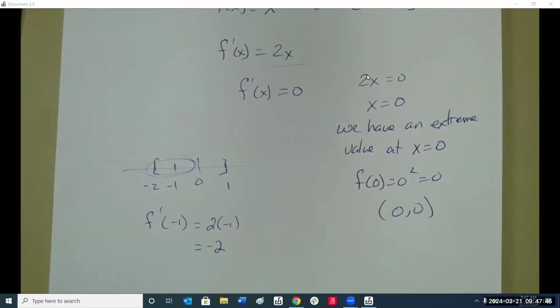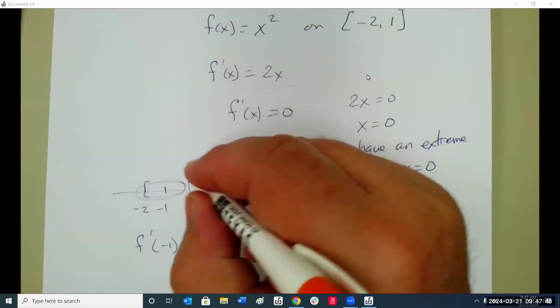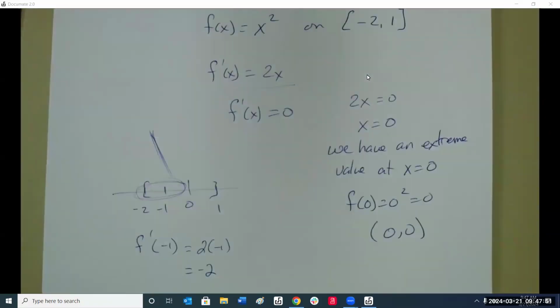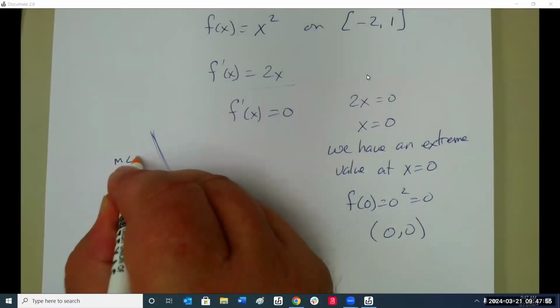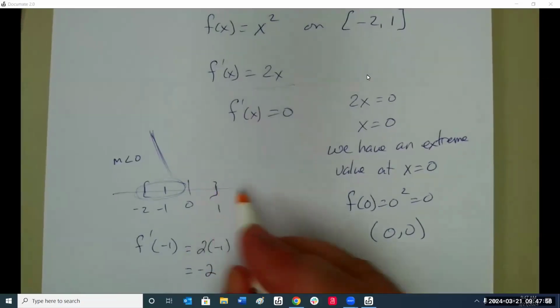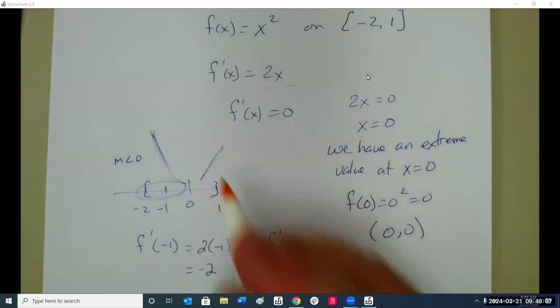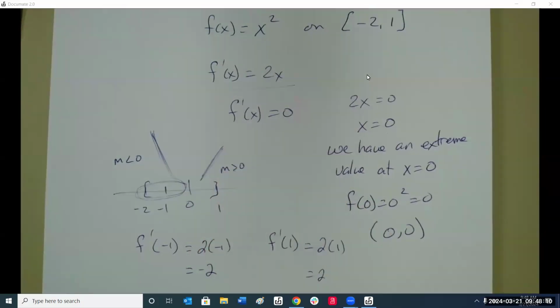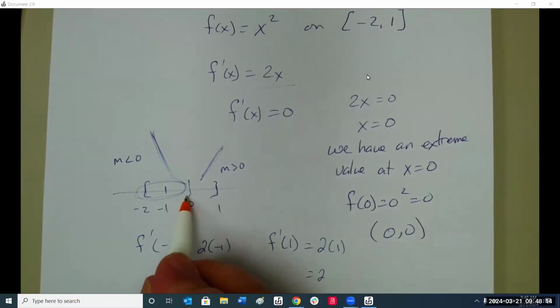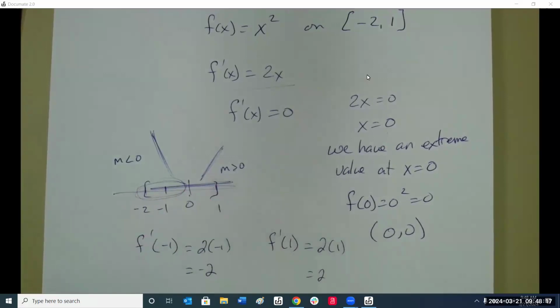Is it increasing or decreasing? It's decreasing. So here on this side, the slope is going down, the m is negative. Let's try this side. The first derivative when x is 1: 2 times 1 is 2. It's positive, so it's increasing. The slope is bigger than 0. So we know this has to be at 0. It has to be a minimum, the absolute minimum.